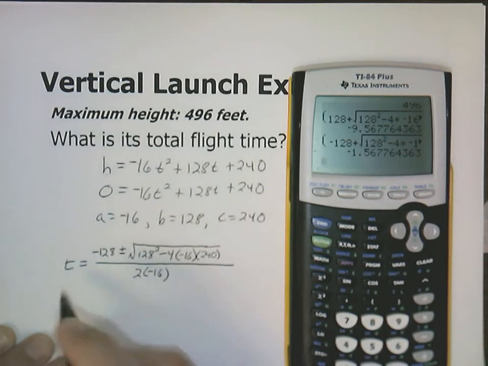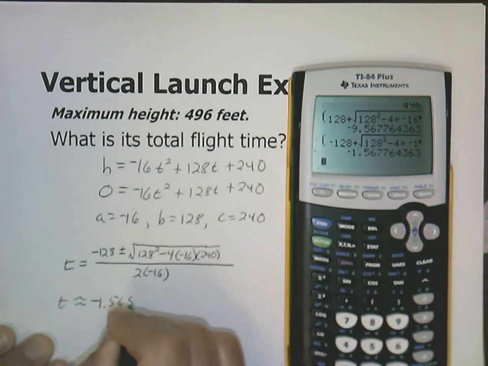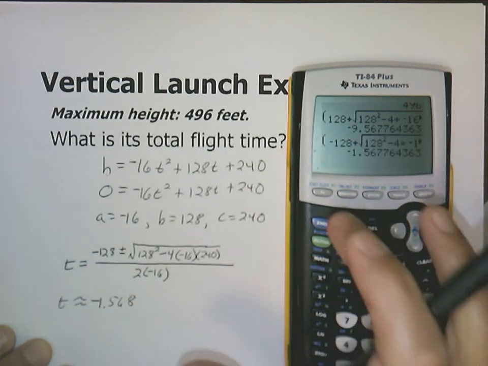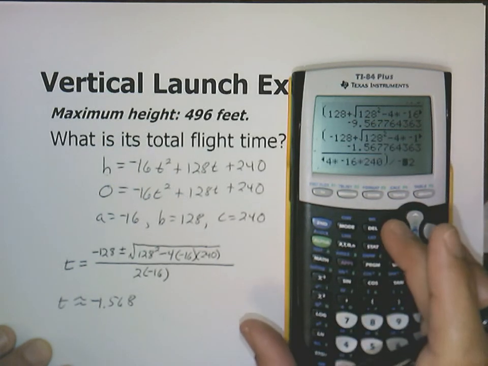That looks better. So t is going to be approximately negative 1.568 seconds. Oh, but that doesn't make any sense because time can't be negative. So really the solution we wanted was the one with the minus in it, right there. So let's bring that up and just change our plus to a minus in there.